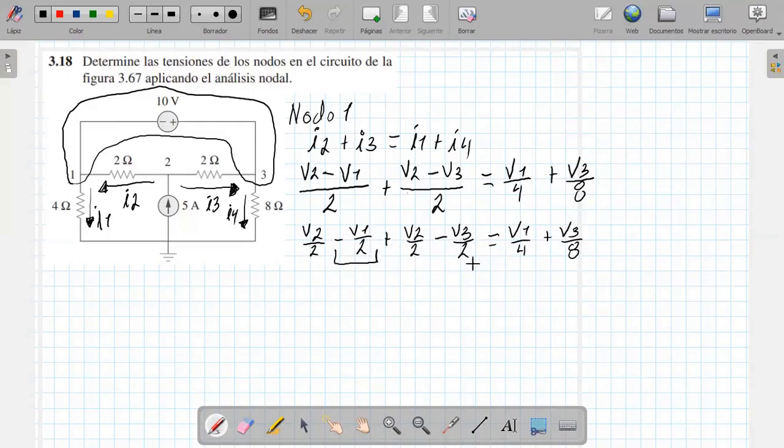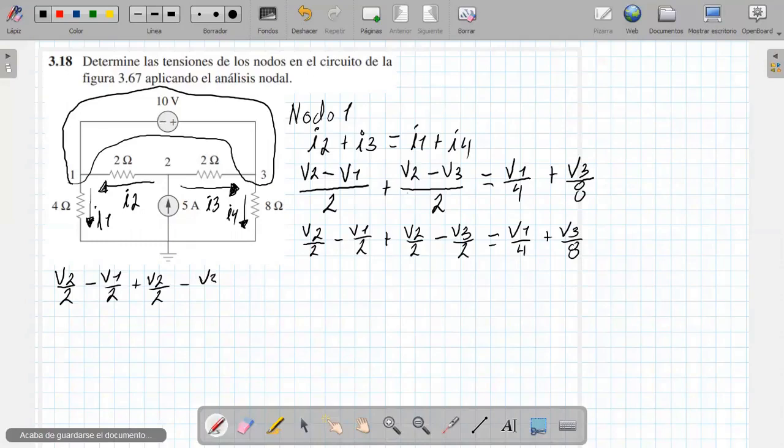First I'm going to pass everything to the other side of the equal. Then it would be V2 over 2 minus V1 over 2, minus V3 over 2, minus V1 over 4, minus V3 over 8.